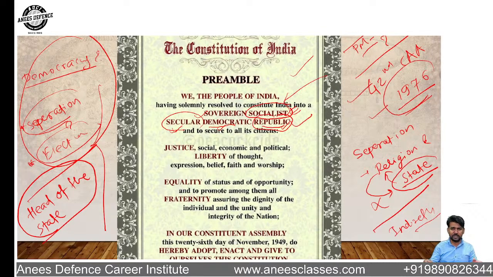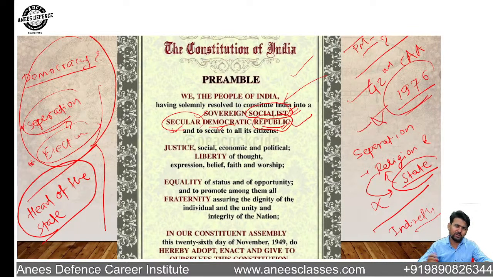They do have parliament, elections, separation of powers, fundamental rights, everything. That means they do have a democratic setup, but they don't fall under the category of republic because their head of the state is not elected. Instead, it is hereditary, and that's why the UK is a democracy but not a republic, right?